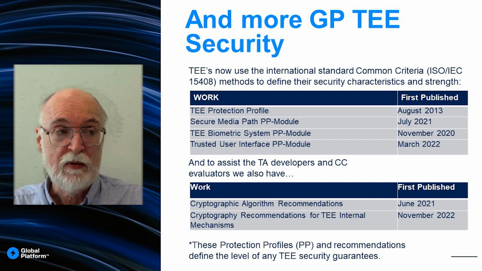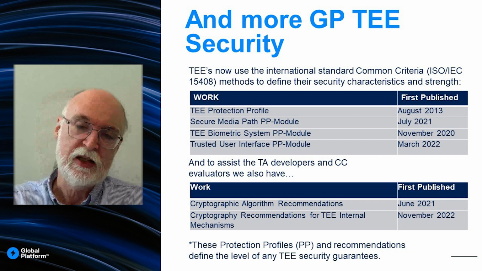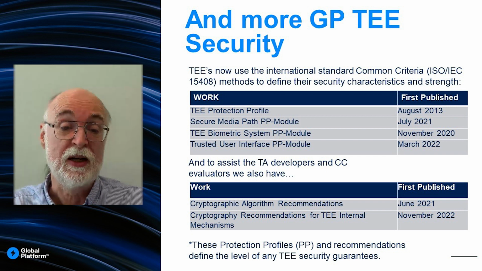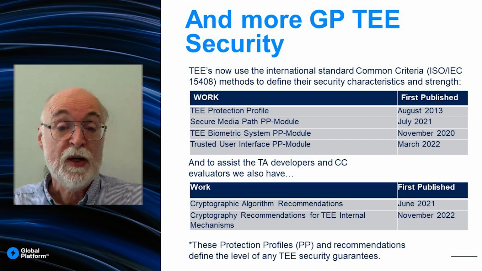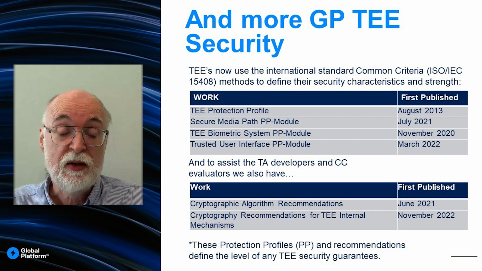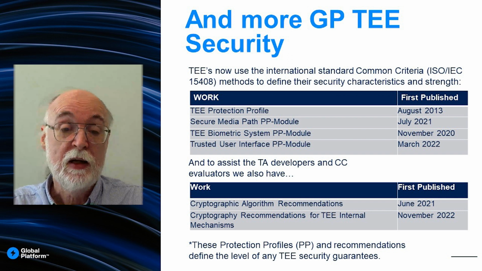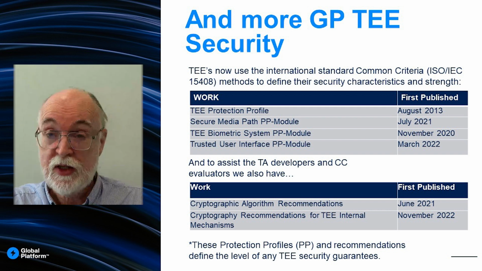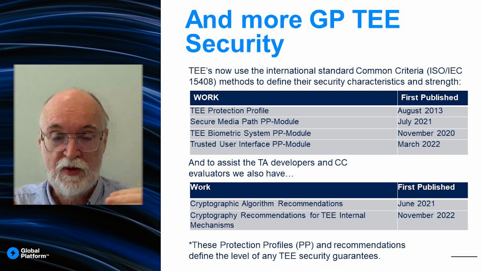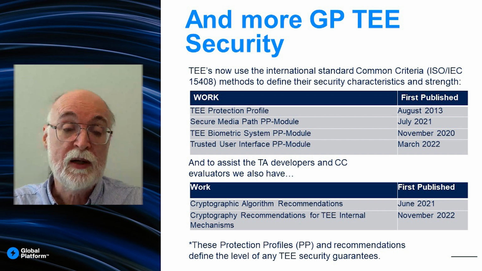And so if you are using biometrics which are being protected by a TE, then they should have been validated by a lab to meet these security standards. Beyond that, GP has also provided other material which assists with the security understanding. Some of it's kept private inside GP because it's shared amongst the labs to give them a common reference point, but much of it is also available publicly.